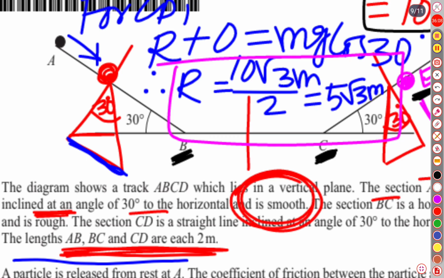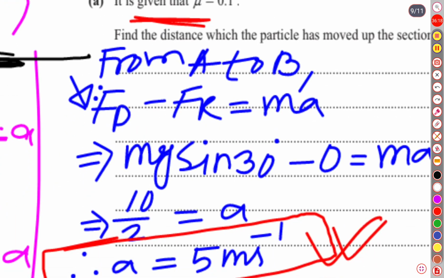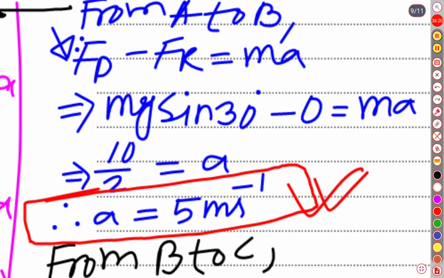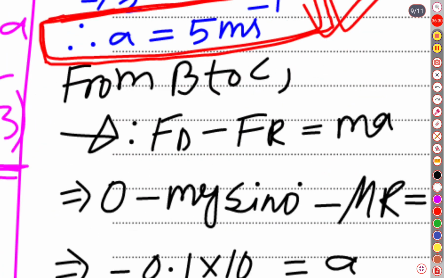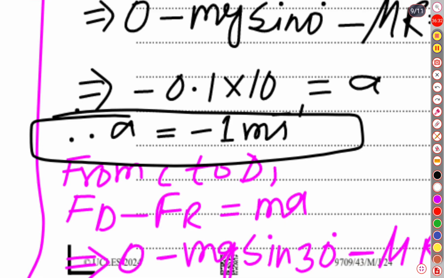So from B to C, let us start with the acceleration at B. Acceleration at B must be the same as I have told, because this is always smooth. So acceleration at B is this 5 meter per second, and velocity at point B will also remain the same.